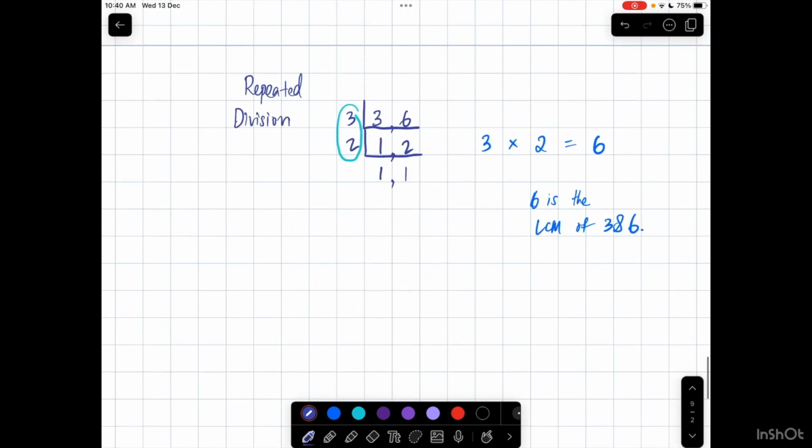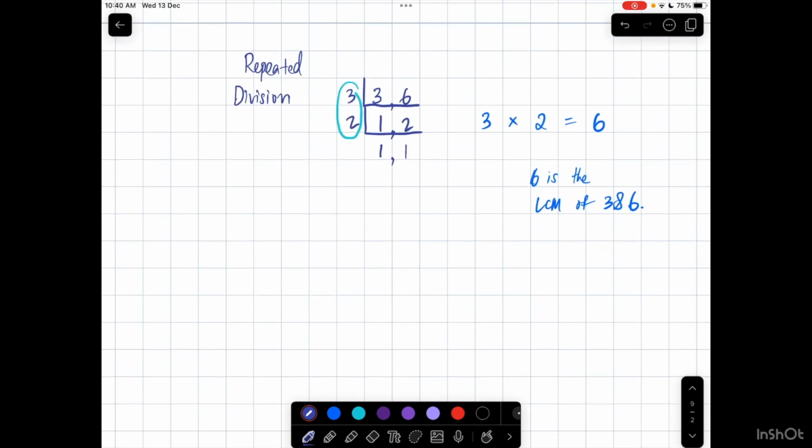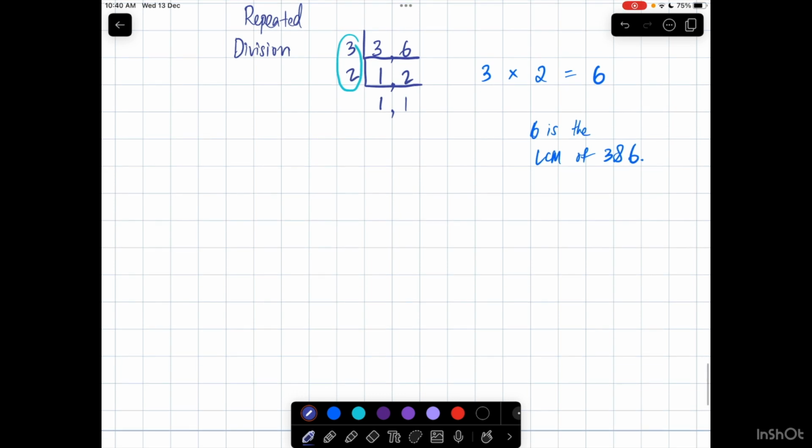And that's all for factors and multiples. In the subsequent video that is a sequel to this video, I will be attempting a few LCM and HCF questions so that you can understand the application of LCM and HCF and in which situations you should actually use them.